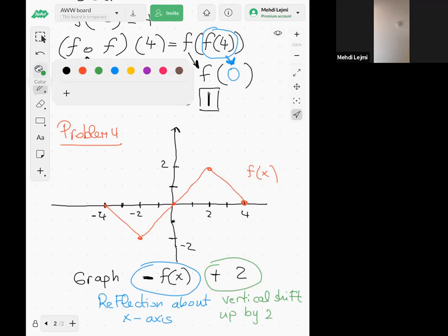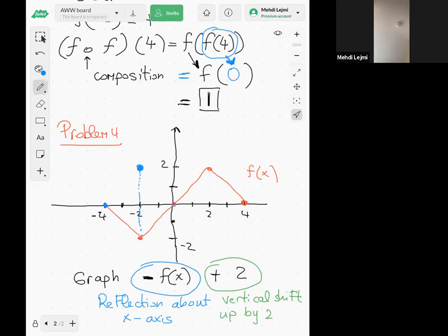So this point here lies on the x-axis, so its reflection about the x-axis is the same. This point here, its distance from the x-axis is 2, so we go 2 on the other side, up by 2 here, and that will be the reflection of the point above the x-axis.